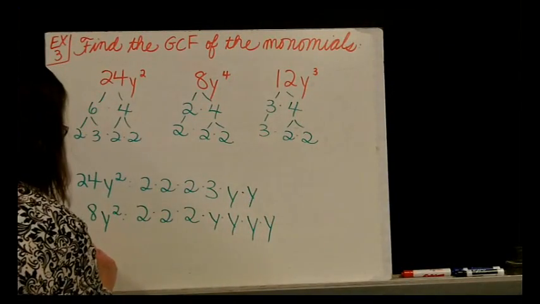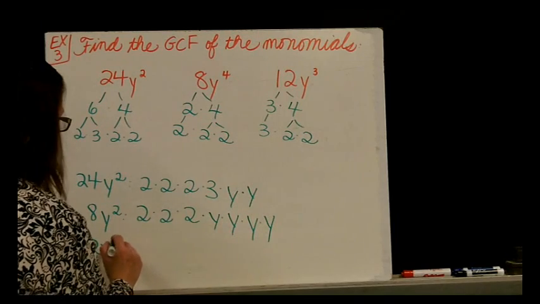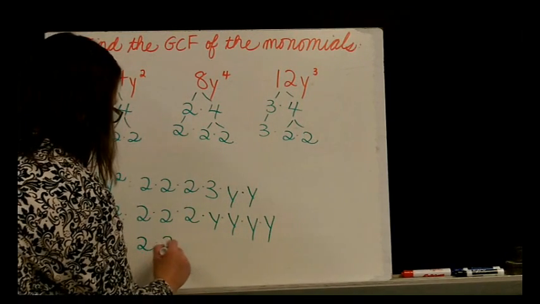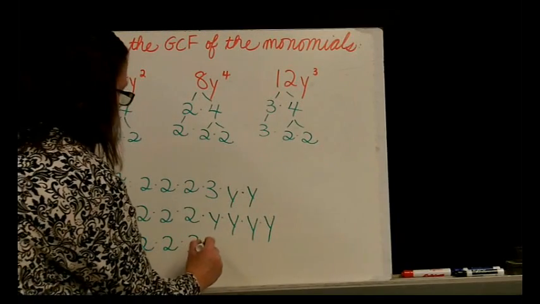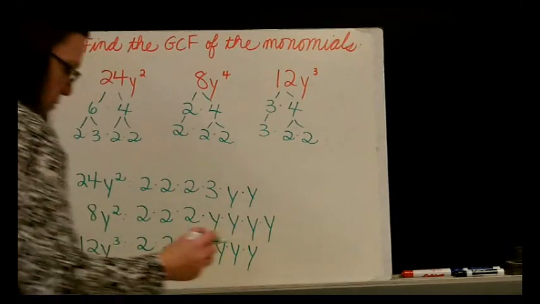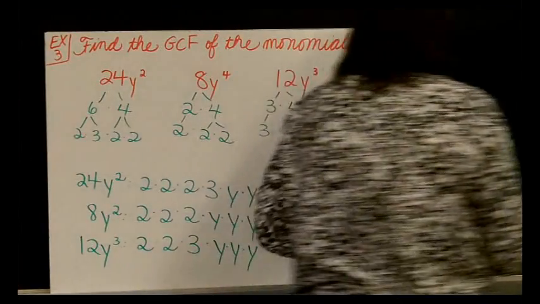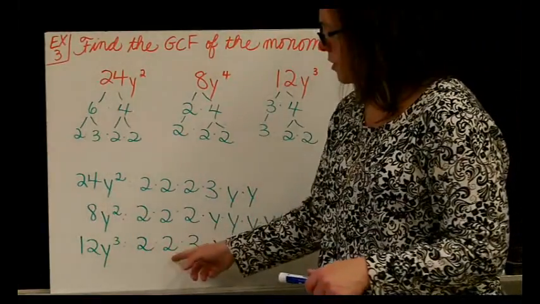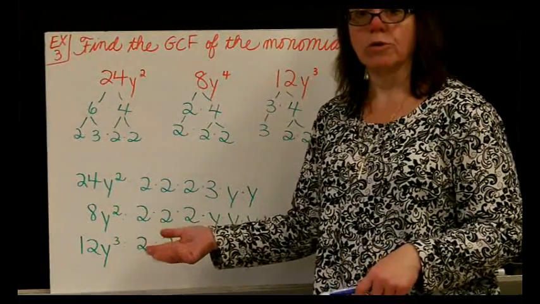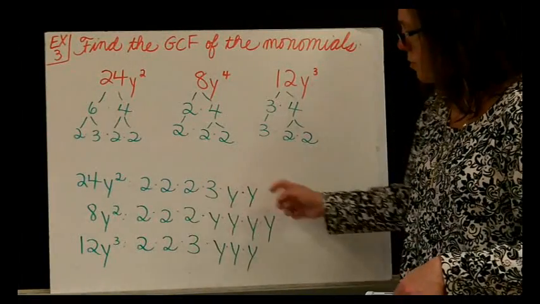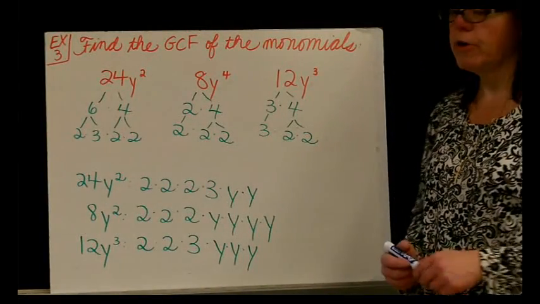So our factors of 12y cubed are 2 times 2 times 3, and then 3 y's. Remember, we list our numbers in ascending order. That means from least to greatest. And then after the numbers, we follow with the variables.